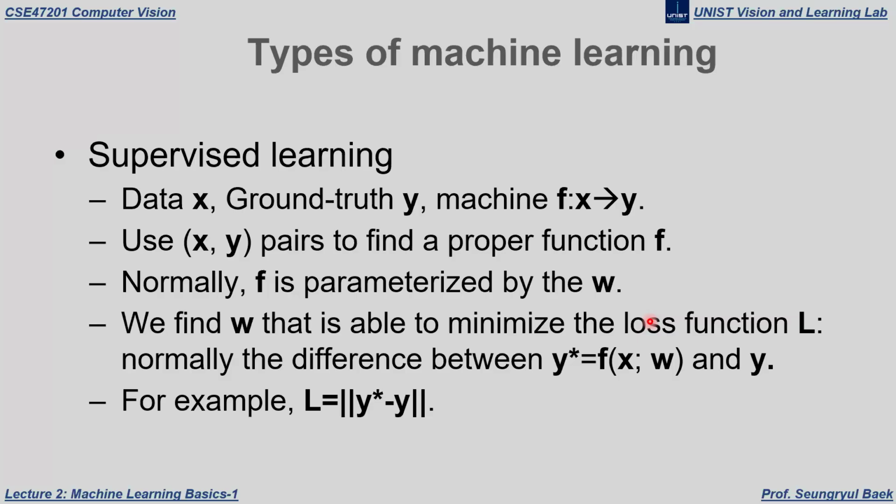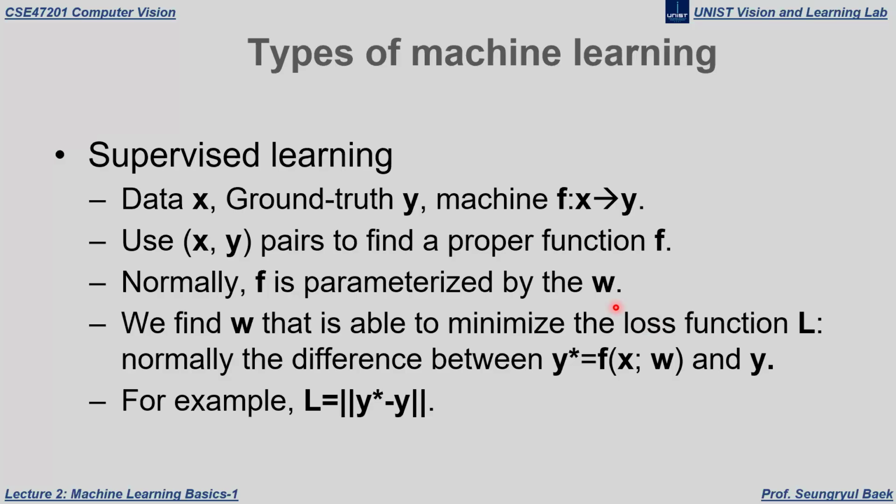This is what machine learning is doing. We normally call this A and B, this type of updatable scalar values, the parameters.